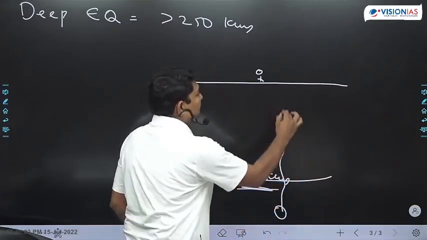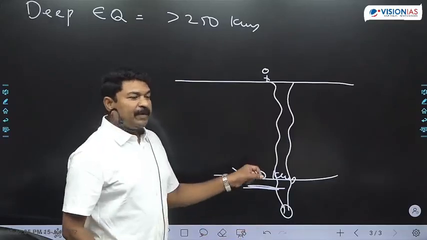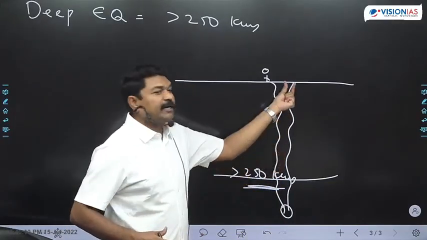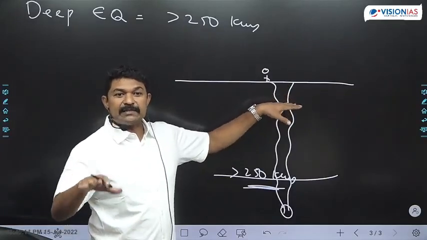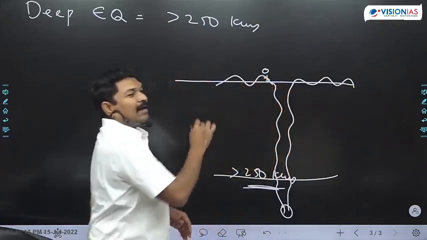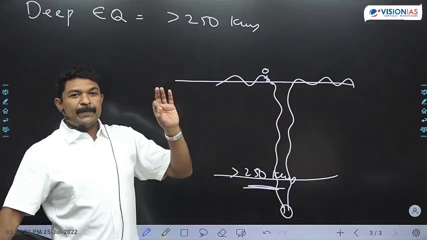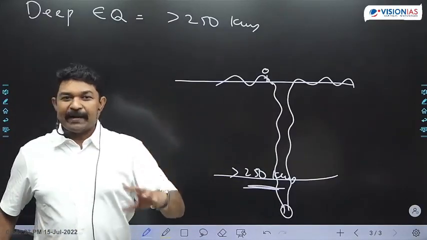They will be coming onto the surface like this. But the problem is, by the time they reach here they have consumed so much energy that the waves have less energy, and they create only mild or less destruction. Therefore, deep earthquakes are not to be considered, because their impact is very less.